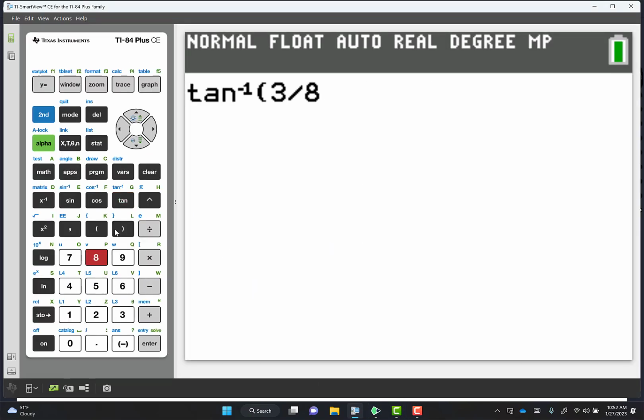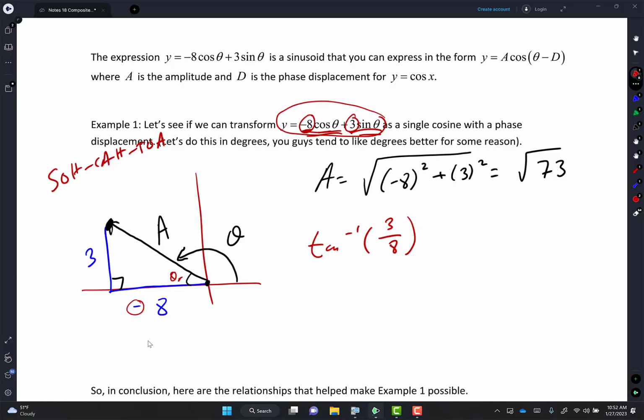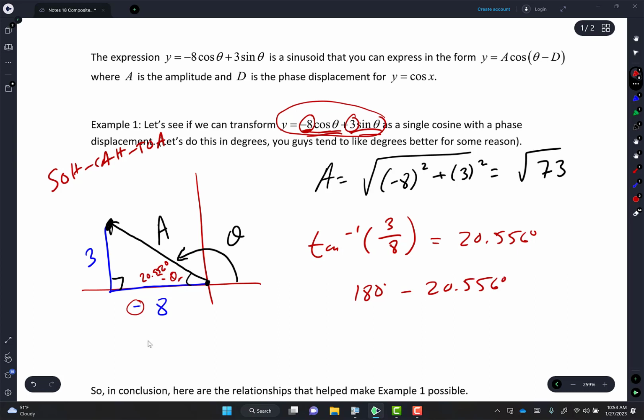That's going to give me a number in quadrant 1, but I don't want that. 20.556. That's this right here. 20.556 degrees. If I want my angle in quadrant 2, I got to go 180 minus 20.556. Yay or nay, guys?